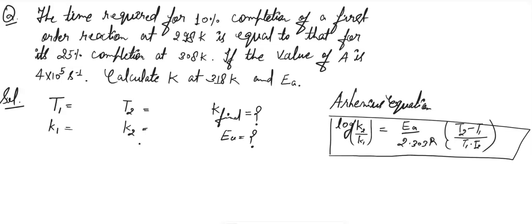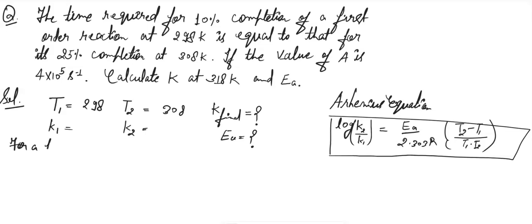Initially let's see what they have given. The temperature is 298 Kelvin, at which the reaction was 10% completed. And at 308 Kelvin, the reaction was 25% completed.